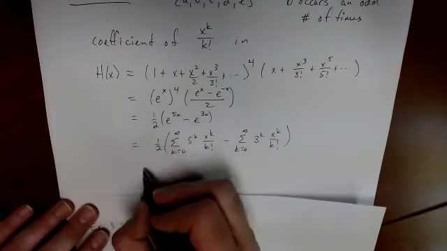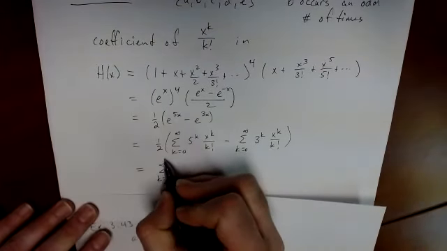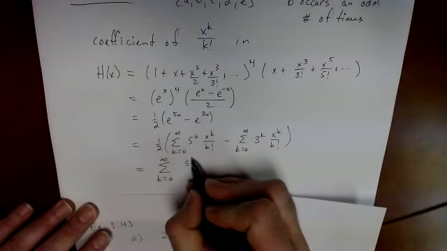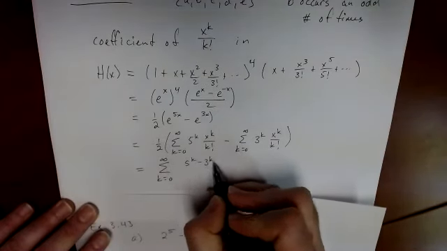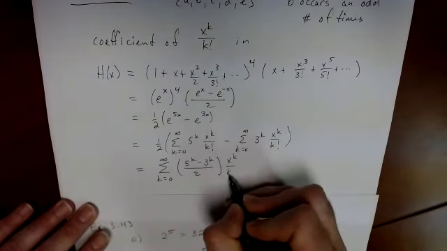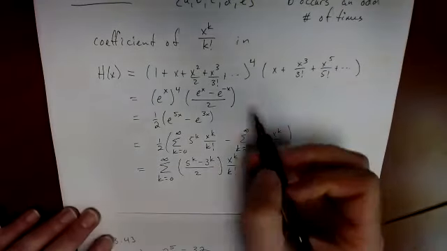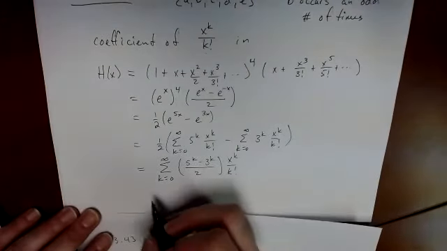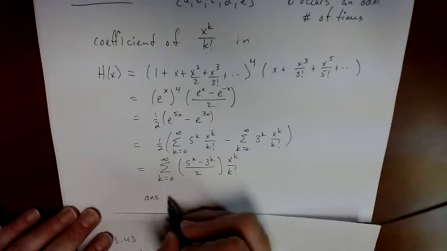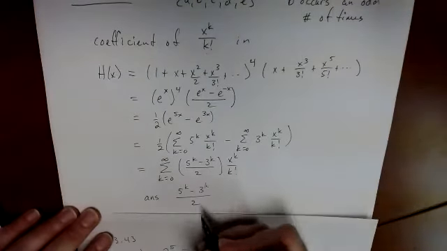And so if I write that together as one generating function, I get something like 5 to the k minus 3 to the k over 2 times x to the k over k factorial summed, which means that the coefficient of x to the k over k factorial is 5 to the k minus 3 to the k over 2.